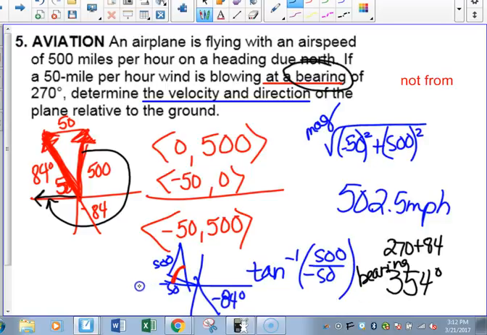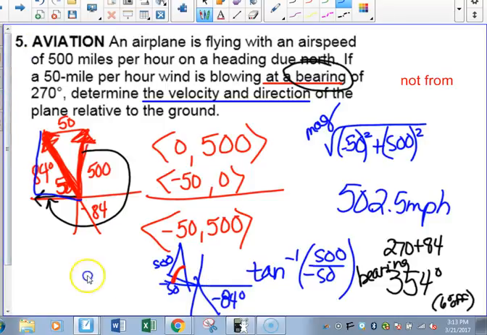Okay, the plane was trying to fly due north, so it shoved it off course 6 degrees, yes? Okay, 6 degrees off course, if that helps you think of it. Yes. It is in this triangle, yes. But that's still all the way around to there. You okay?